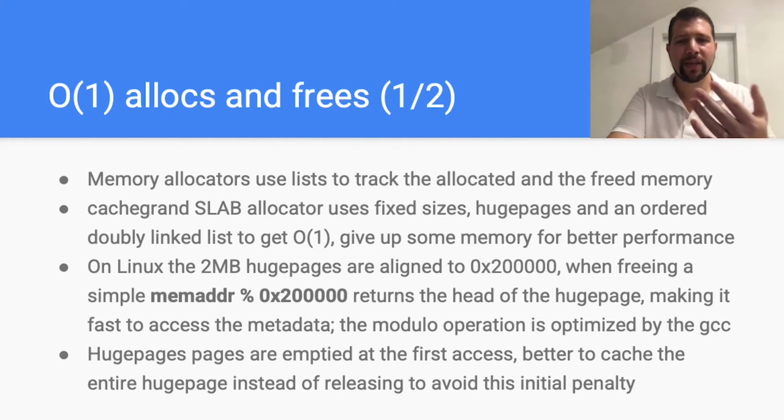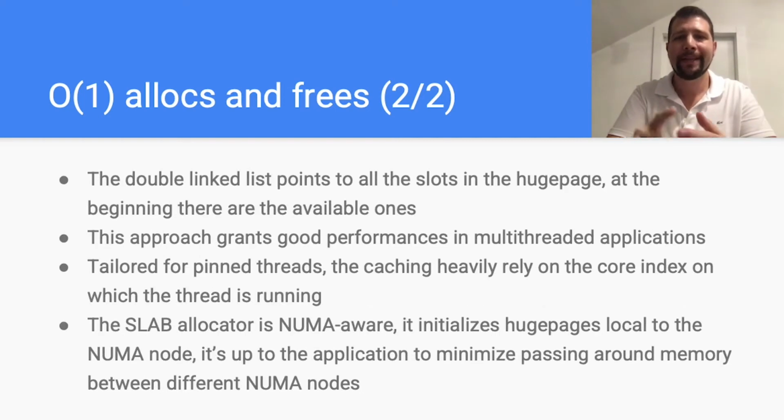Otherwise, each time we release and reallocate a huge page, the kernel will have to reinitialize the pages on the first access. The doubly linked list points to all the slots usable to hold the data in the huge pages. At the beginning of the list, there are the available ones, and at the end there are the ones in use.